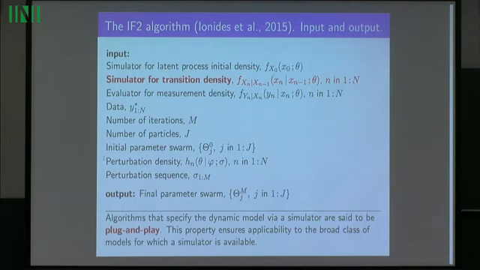If you have some large continuous time process, you can often write down a simulator, whereas the transition probabilities over discrete time you may not have access to. Methods that are based on a simulator for the transition density we call plug and play.